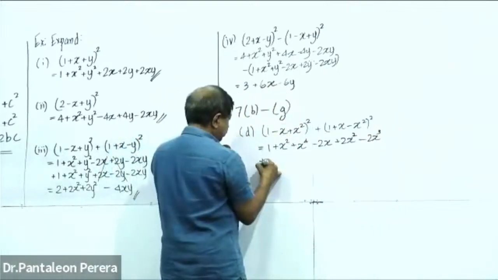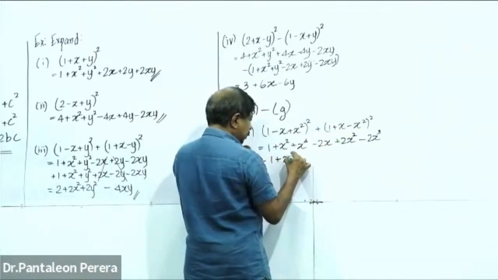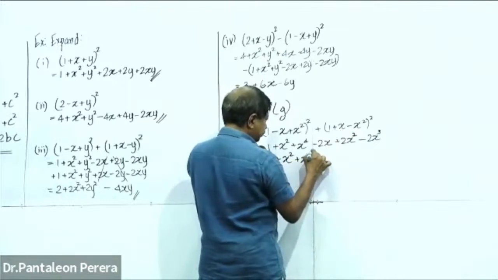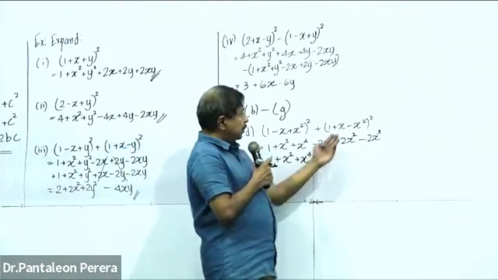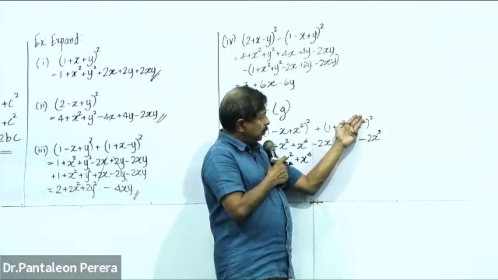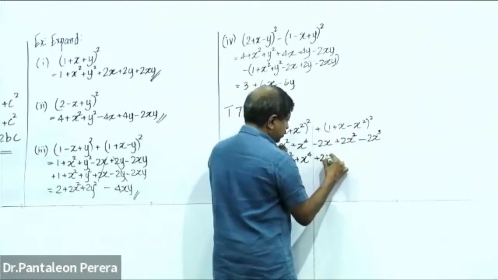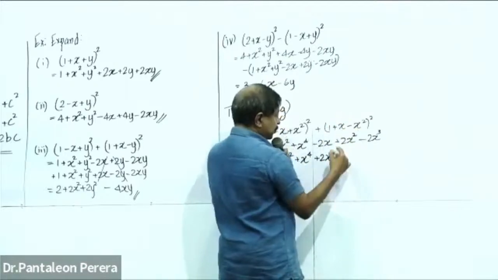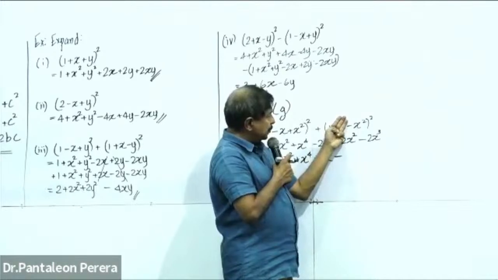Now plus, expand this. So 1 squared, x squared, plus x to the power 4. Now close this. You have plus 2x. Then close the term in the middle. So it will make the product negative. Minus 2x squared.